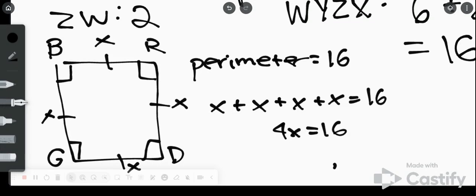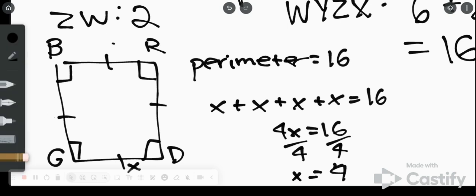You get this, and you can do that in your head, or you can do this. What's 16 divided by 4? 4. Now we know that each side length is equal to 4. So now we can erase those x's and plug in 4.